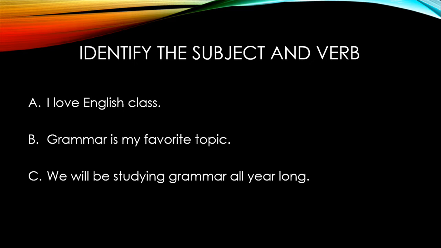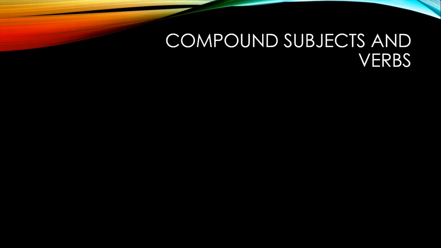This one's a little bit trickier because it has a verb phrase. Will be studying is the entire verb phrase. And we is the subject because that's who's going to be studying grammar all year long. Aren't you excited? All right, now sometimes it gets a little bit more complicated because we have compound subjects or compound verbs.